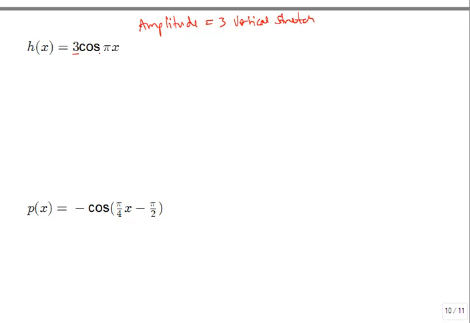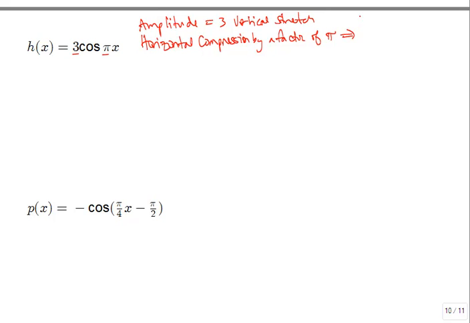And then this pi is being multiplied by x, so this pi is our b. That's going to be our horizontal stretch or compression, and because pi is bigger than 1, this is actually a compression by a factor of pi. Now this is what's confusing for students.